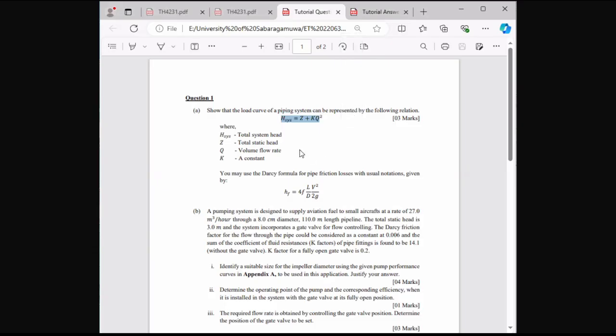You can use the total system head equation to derive this equation. Please try this part A. After completing it yourself, I will explain. After you complete it by yourself, I will explain.